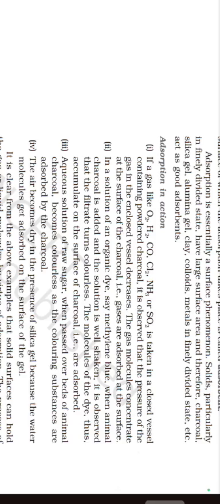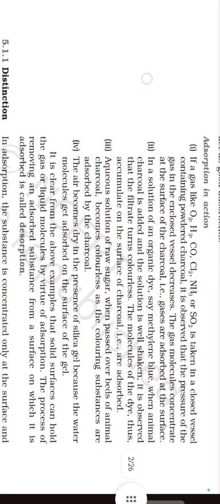Solids, particularly in finely divided state, have large surface area, and therefore charcoal, silica gel, alumina gel, clay, colloids, metals in finely divided state, etc. act as good adsorbents. Adsorption in action.